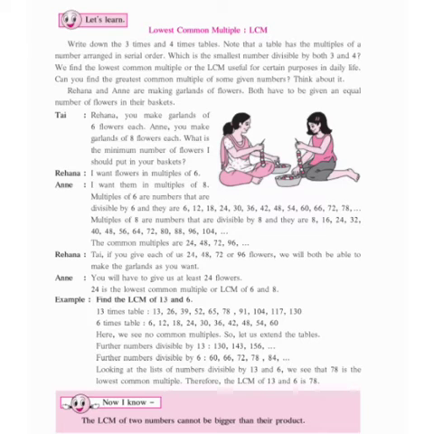Multiples of 6 are the numbers that are divisible by 6, and they are 6, 12, 18, 24, 30, 36, 42, 48, 54, 60, 66, 72, 78, etc. Multiples of 8 are numbers that are divisible by 8, and they are 8, 16, 24, 32, 40, 48, 56, 64, 72, 80, 88, 96, 104, and so on.